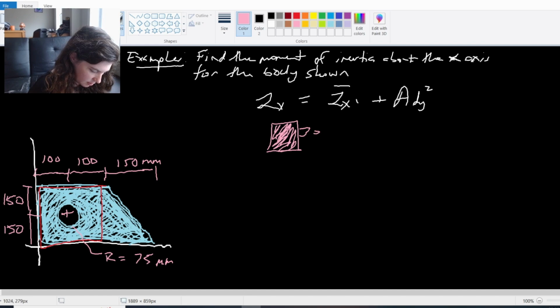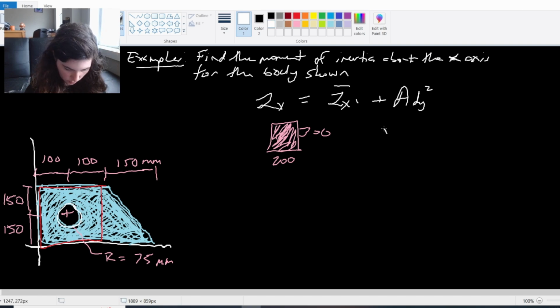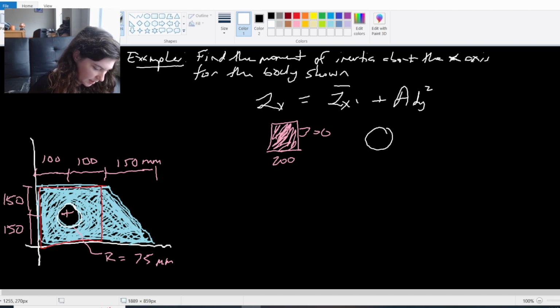This is 300 by 200. I see this void in the center, this circular void, nothing in there. So again, this is a void, so it's going to be a subtraction, right? We're going to be subtracting out that area.